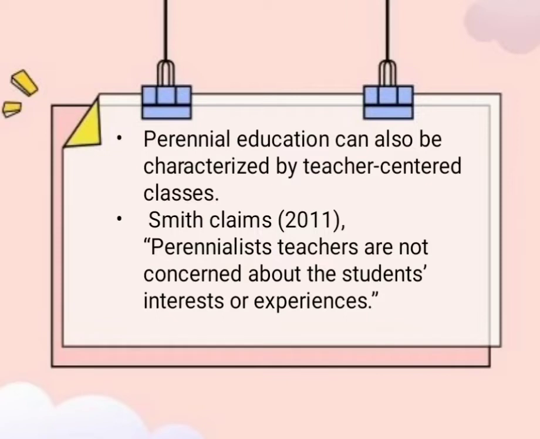Moreover, Smith 2011 claims that perennialist teachers are not concerned about the students' interests or experiences. Perennial teachers are only concerned with teaching topics and concepts based on the universal truths from history, literature, and the arts. The educational philosophy of perennialism is based on the idea that teaching should revolve around human principles and ideals.